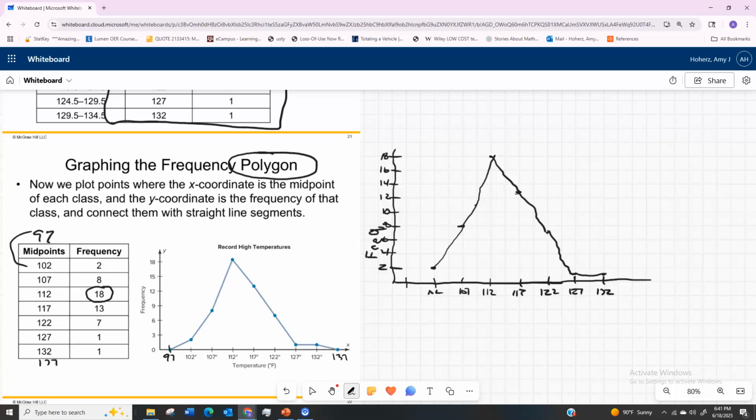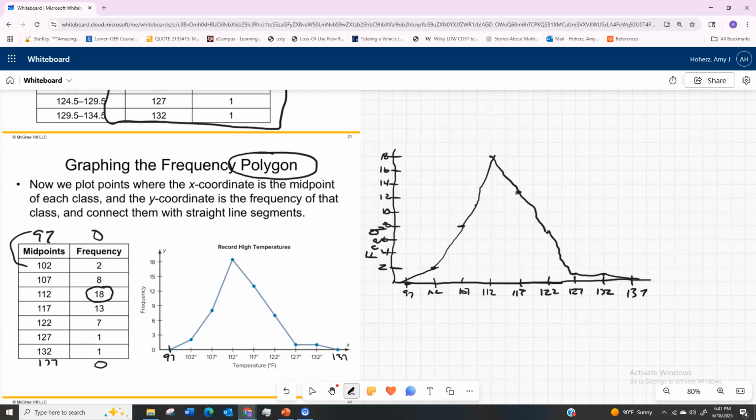The reason is that the frequency for that class would have been 0, and the frequency for this class would have been 0. So we take that 97 and bring it down to 0, and the same thing for the 137. And now, using the x-axis and our segments from our frequency polygon, we have a closed figure. We have a closed polygon.